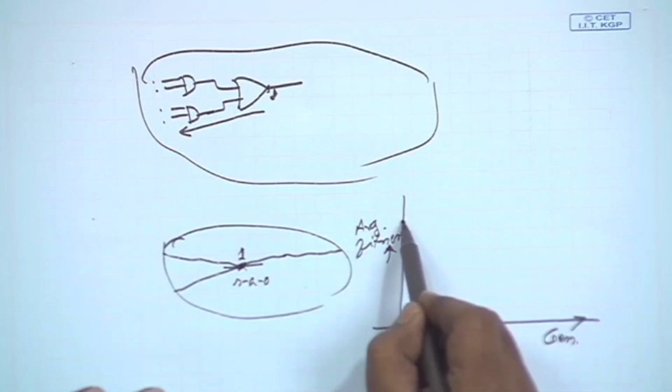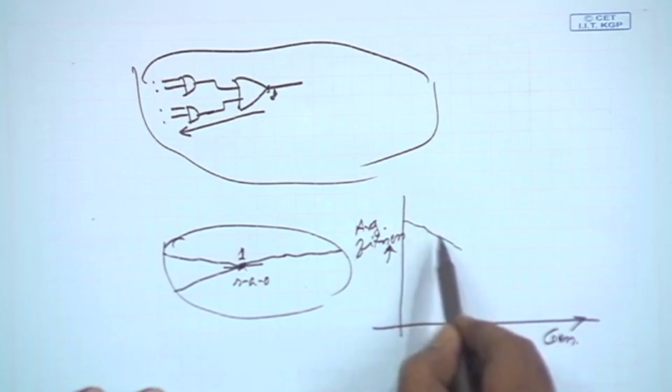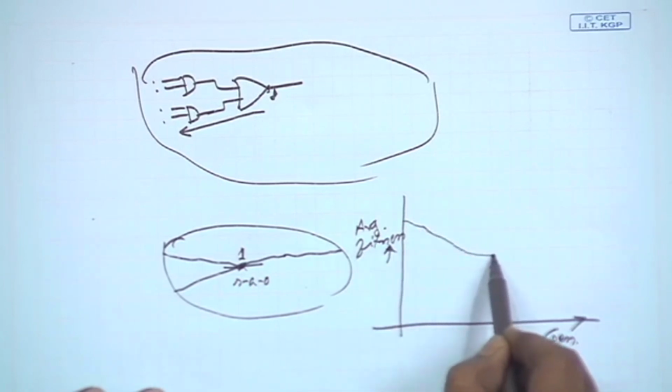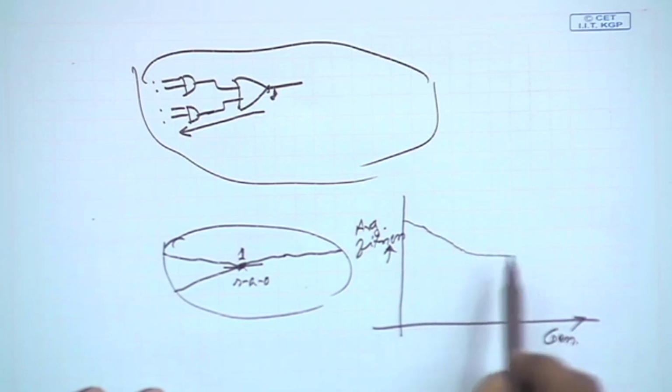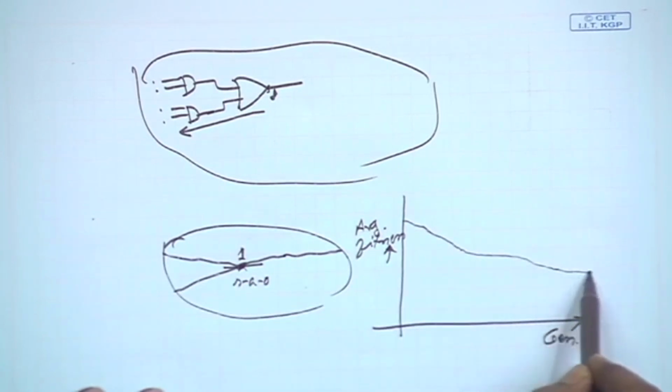Then we will see that for the first few generations it improves very fast, but after that the improvement rate becomes more or less flat, and after some time it will decrease a bit, and then it will go like this.